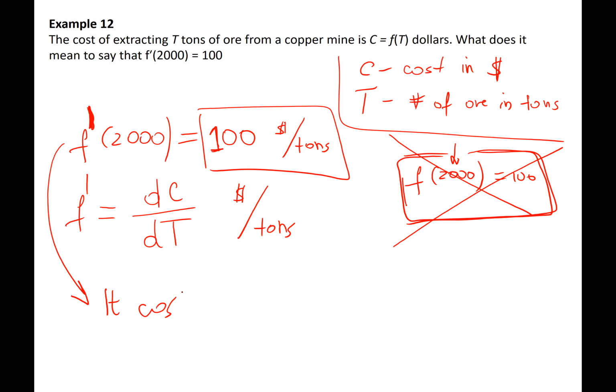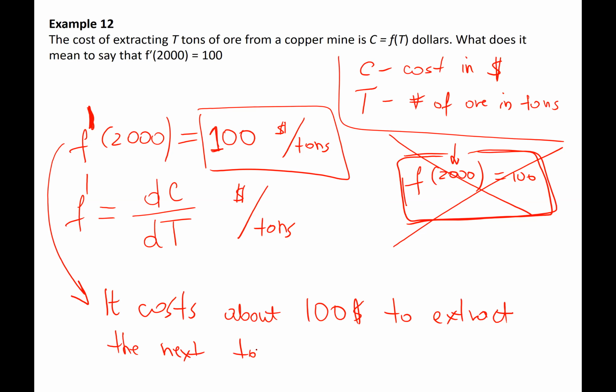It costs about $100 to extract the next ton, because it's the rate of change. How the price is changing? $100 per 1 ton, the next ton, after 2,000. Okay.